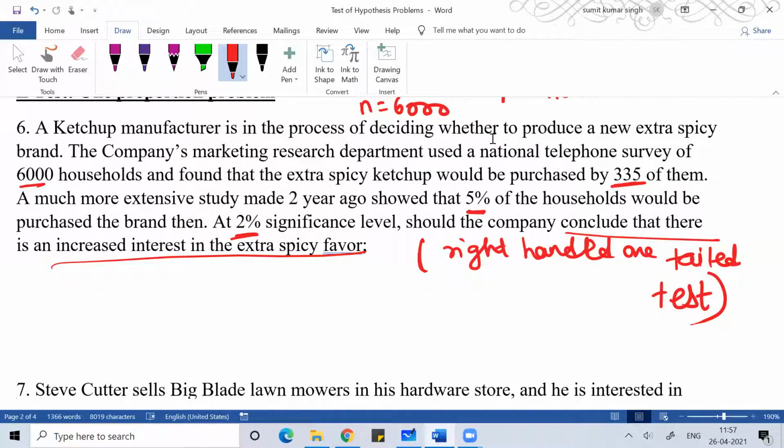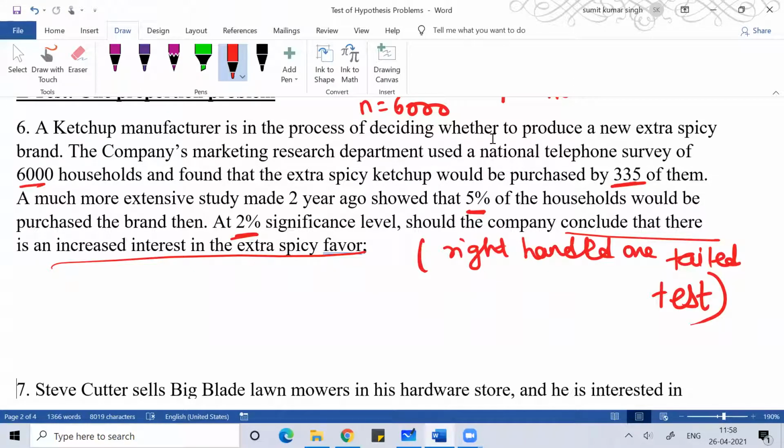So there's a manufacturing company thinking about whether they should come up with a new product having an extra spicy flavor. They will come up with that brand only when there's reasonable demand for that product in the market.